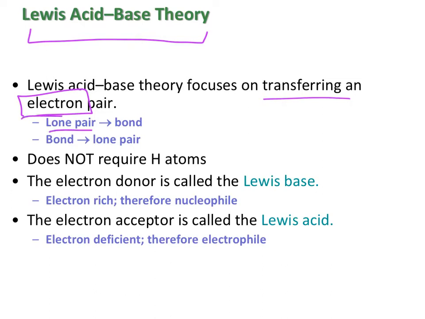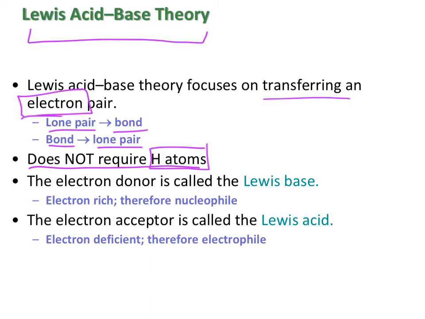A lone pair is what allows a bond to form, or a bond can turn into a lone pair in Lewis acid-base theory. So in this theory, we do not require protons or H atoms as we do in the Bronsted theory. In the Bronsted theory, we say that acids are proton donors and bases are proton acceptors, right?